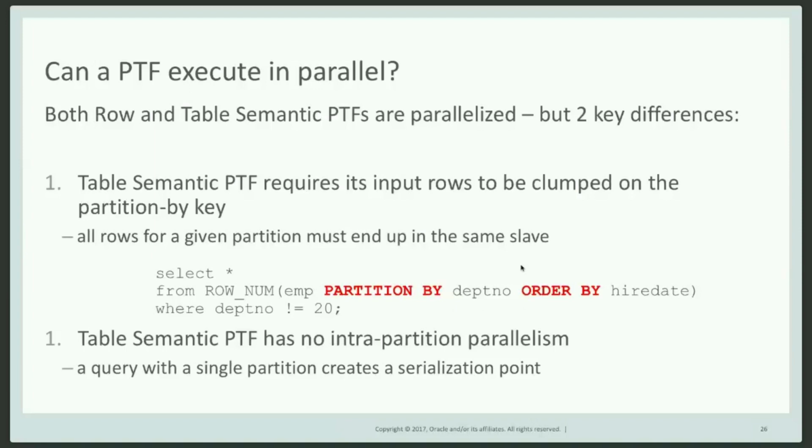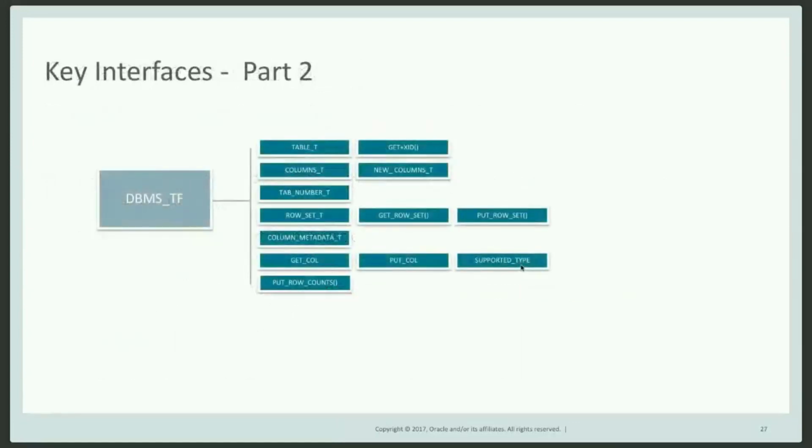So now we're going to take that PTF and we will break it up by department number and sort the data within that automatically by hire date and process it accordingly, and then filtering out all of those where the department number is not equal to 20. So it kind of follows similar rules to a lot of things that we have. We've got similar concepts to the data cartridge interface. We've got similar concepts to analytic functions.